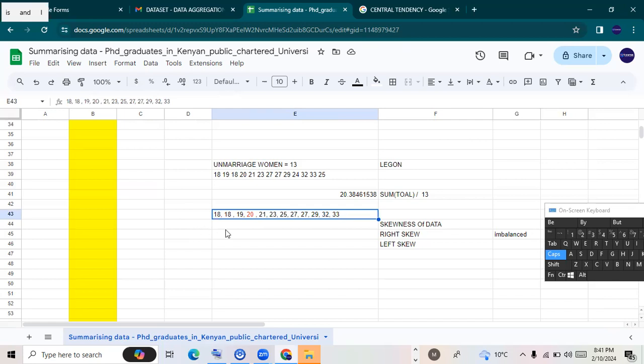So if we are to interpret this data, I don't want to bring the interpretation here, right? If the average person who is not married is in her 20s, then there is something going on. Because at 18 years, if you are not married, it's fine. 19 years, fine. And 20 years, fine.